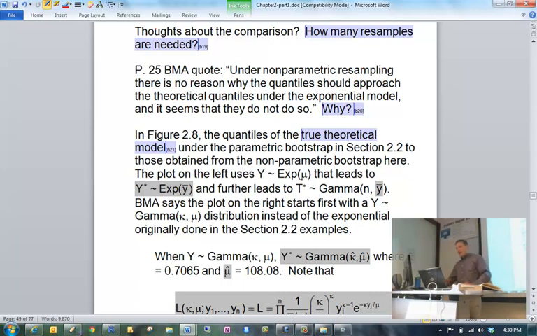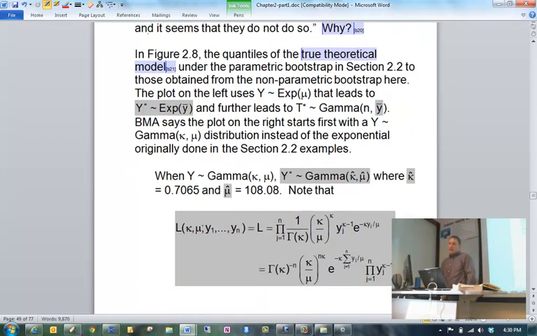But also the authors for this particular example decided to look at what would have happened if we started from the perspective that y was actually distributed gamma instead. So I have an additional parameter to work with.